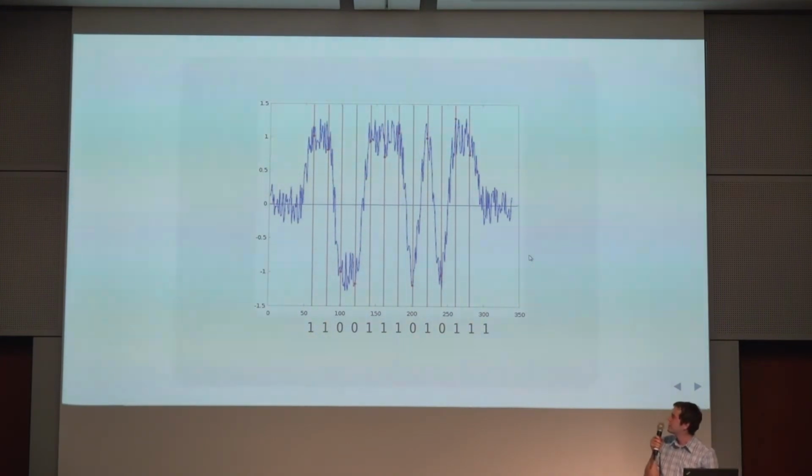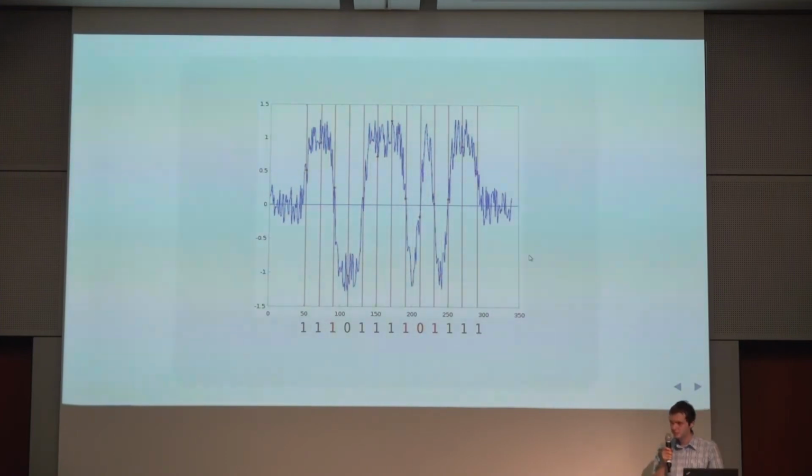So, for example, if we select the samples at the red lines over there and use these to decide if we have a 0 or a 1, then we'll have this bit sequence, and we'll have this other bit sequence if we decimate with an incorrect phase offset.